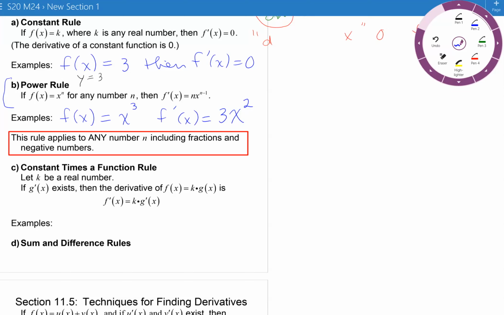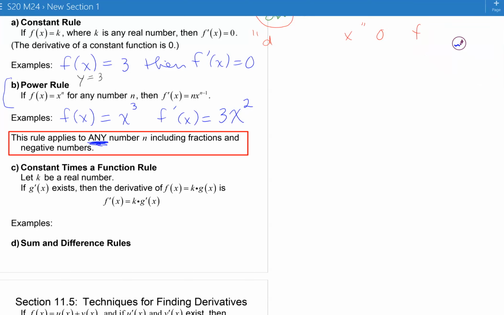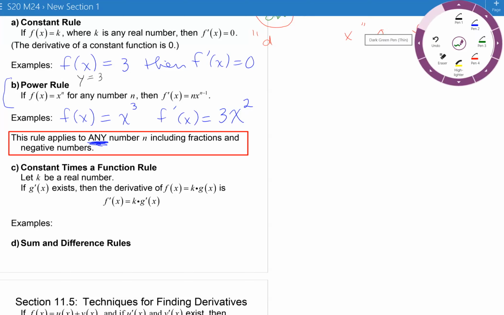So if you do the derivative the long hard way with x to the n in general, you can prove this. So it's not a made up rule. It's a pattern that someone noticed and has given to you and call it a rule. So this rule applies to any number n, including fractions and negative numbers.